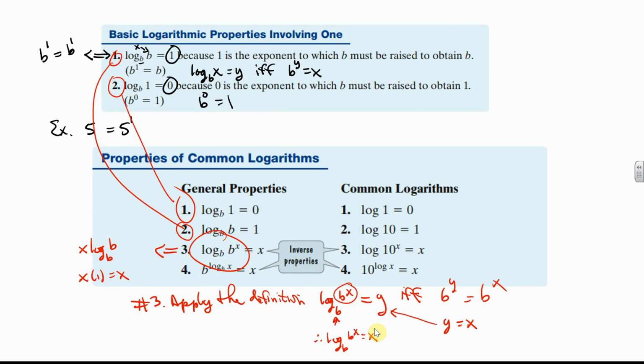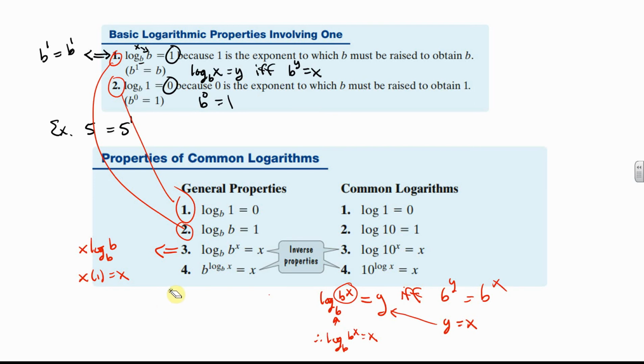So if you forget the properties, make sure you know the definition. Once you start seeing some of these things, then you'll know what the results are. But I'm going to show you in each problem how you can get the result just by working it by hand.